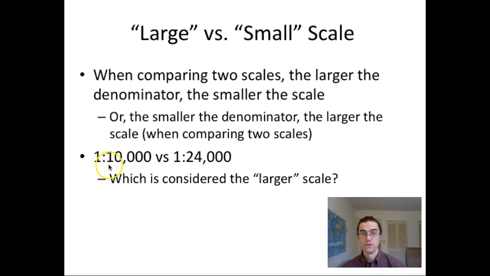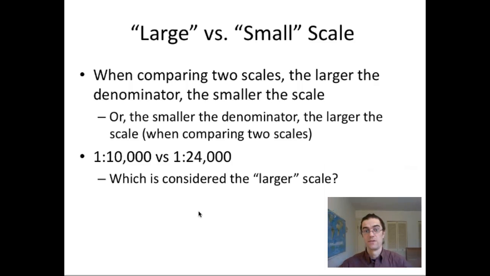So 1 to 10,000 or 1 to 24,000, which is considered the larger scale? At first glance, you might think, oh, 24,000 is bigger than 10,000, so therefore that's the larger scale. But no, it's the inverse of that, right?